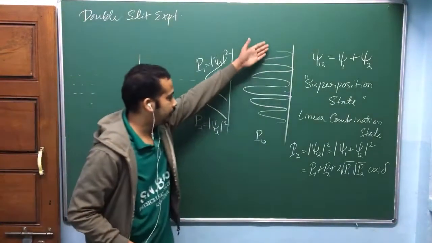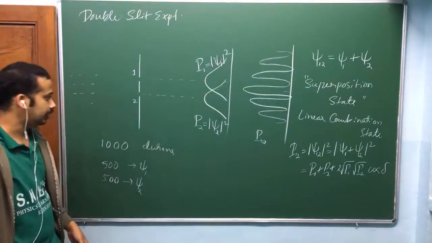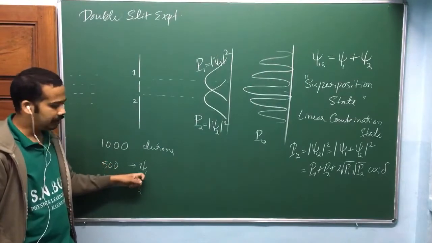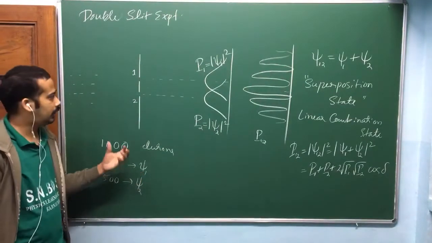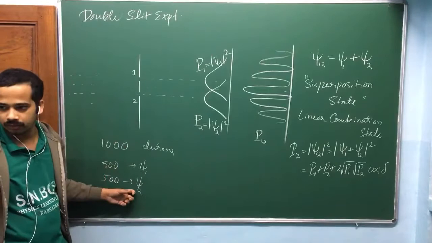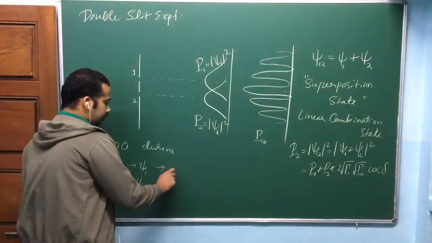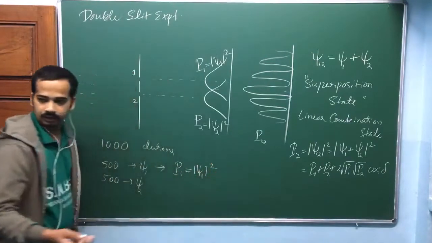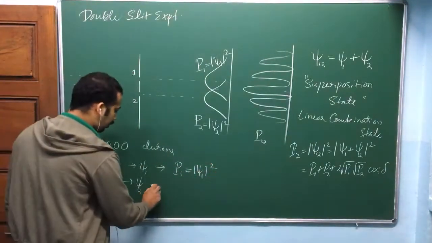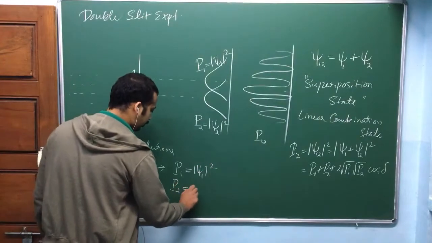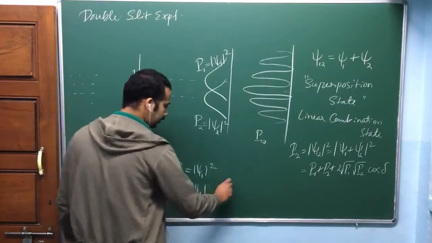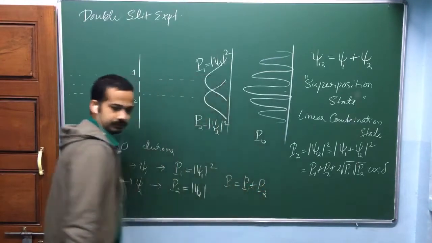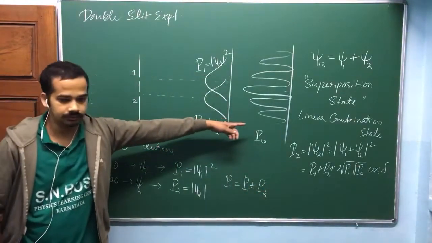So if I count 1000 electrons reaching the screen, approximately 500 of them pass through slit 1 and the other 500 pass through slit 2. The 500 through slit 1 will produce this probability distribution, obviously. The other 500 will produce this probability distribution, and your resultant should be P1 plus P2. But you are not getting this one.